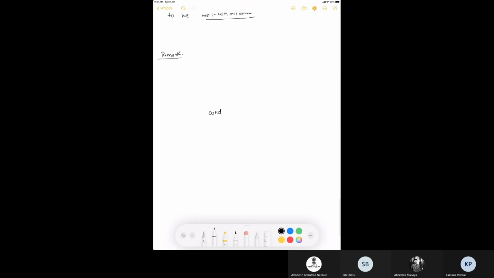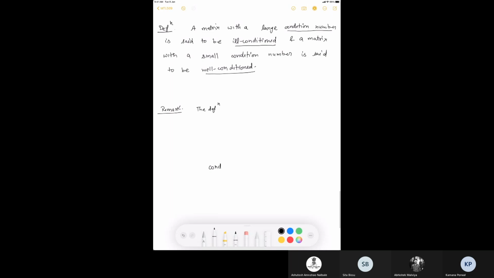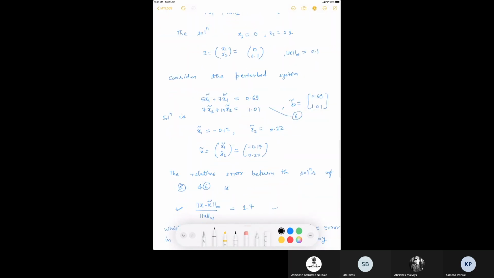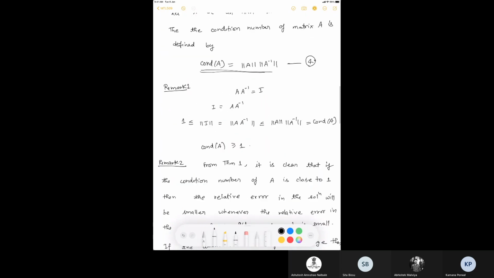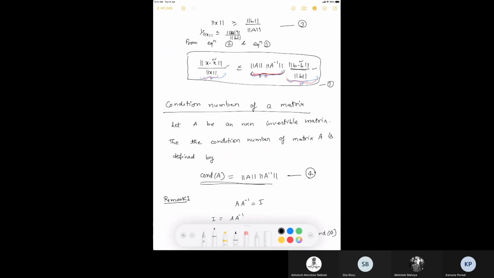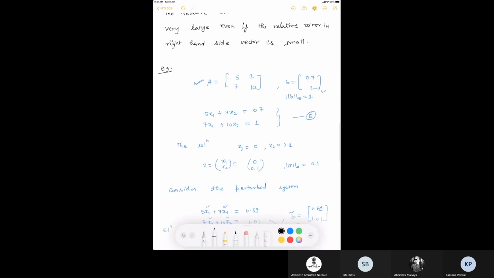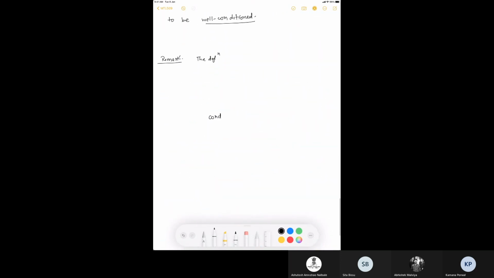So what I was saying is that the definition of the condition number depends on the choice of the norm. Let's give it a number: Definition 4 of the condition number of A depends on the choice of the norm.